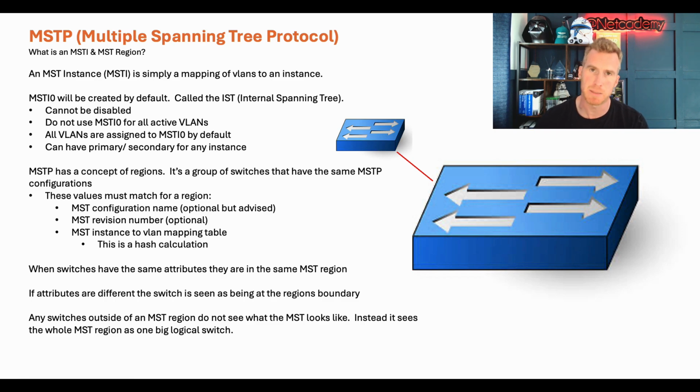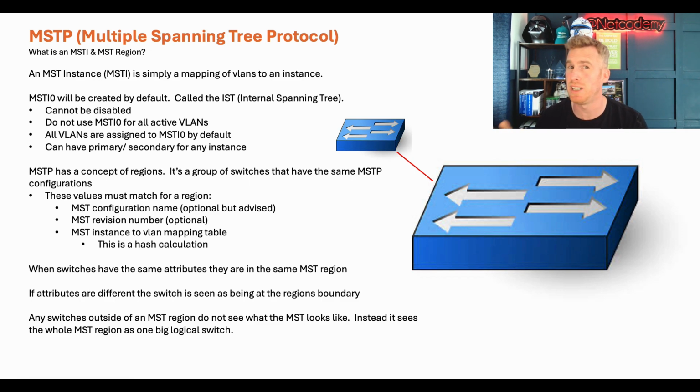They have the same VLANs mapped to the same instance. They have the same hash calculation. They have the same revision number. They've got the same configuration name. And thus it sees it as one logical switch. And just so you know, between this one region and this other region, you're going to have something called a CIST, or common spanning tree. Coming on to this in a few minutes time.